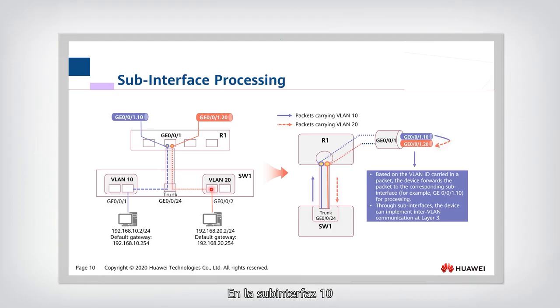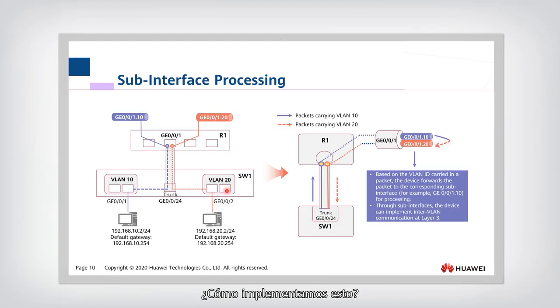So you can see that in sub-interface 10, they need to delete the tag to terminate the tag. But in sub-interface 20, they need to add the tag to identify which VLAN the packet should be forwarded to.